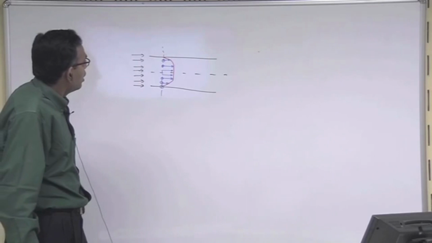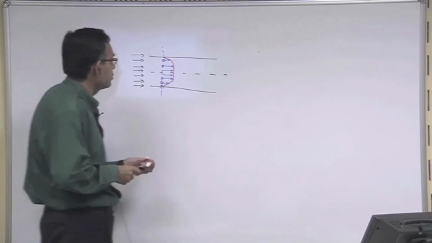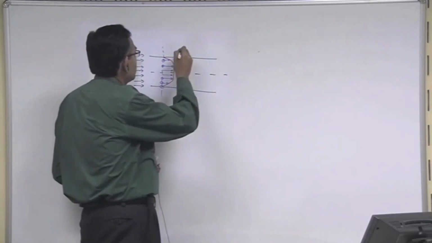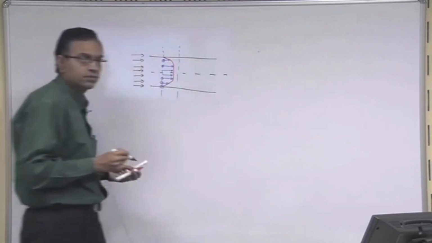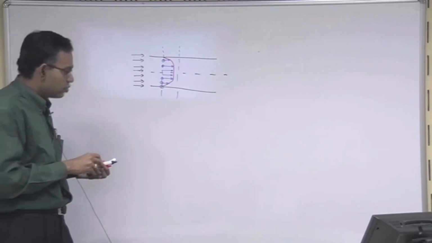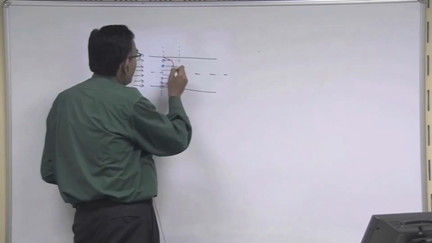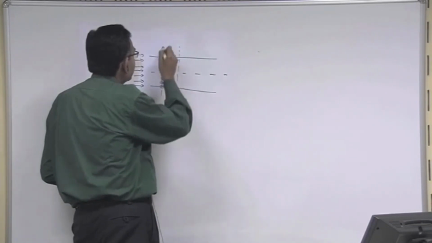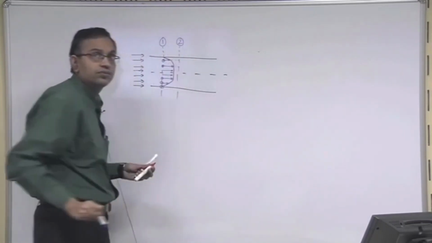Now, let us consider another section which is located here. We will draw the velocity profiles at the corresponding locations. Let us call it section 1 and section 2.